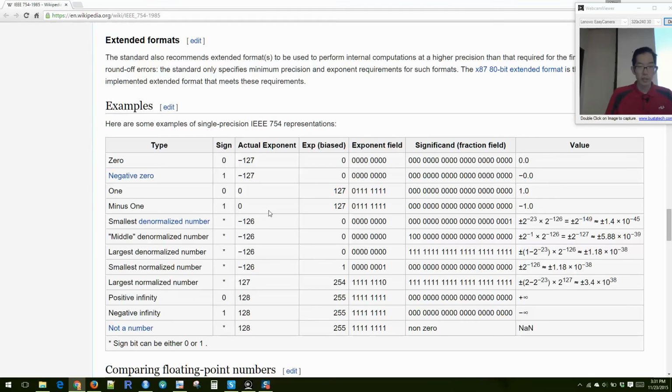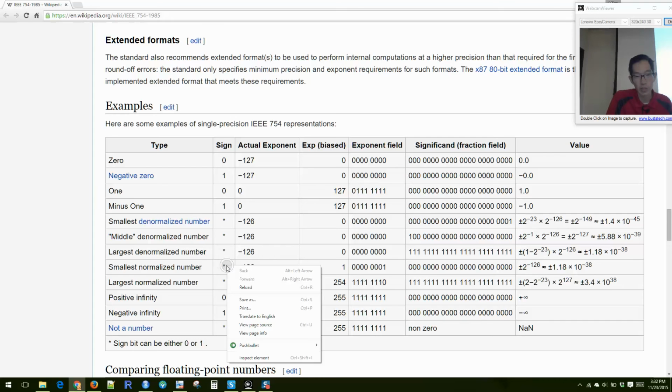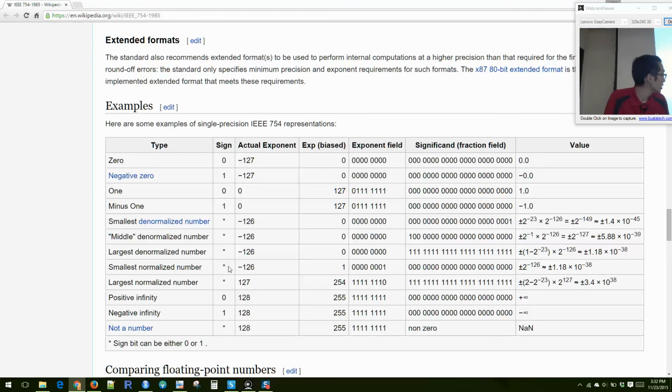So this is splitting up the number. The smallest normalized number, you can have either a 0 or a 1 for the sign.